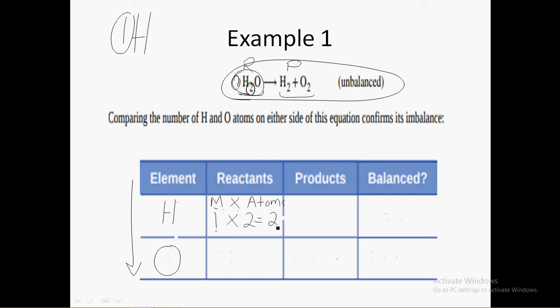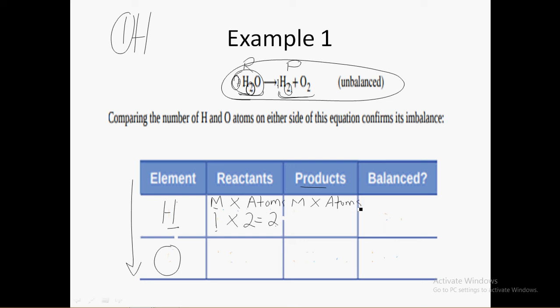At the product side, we follow on hydrogen again. On the product side, how many molecules of hydrogen are there? 1 molecule and 2 atoms. We write here the molecules times atoms.